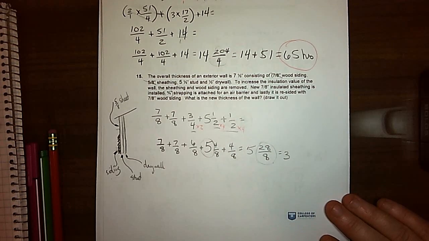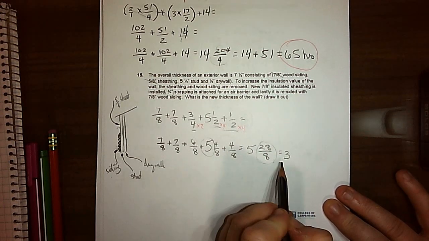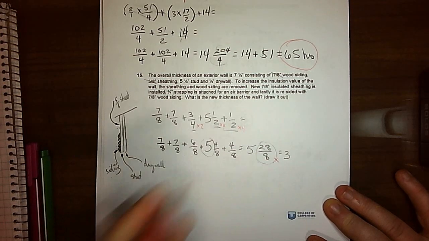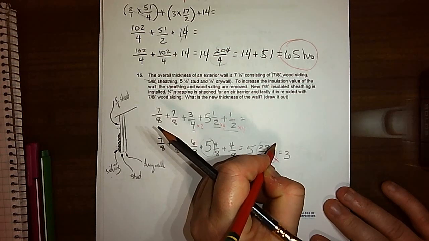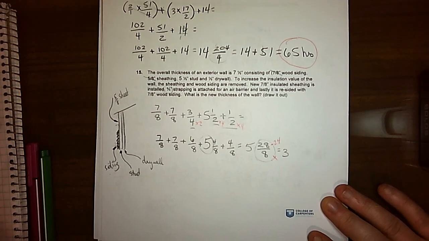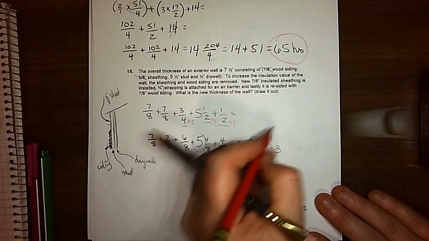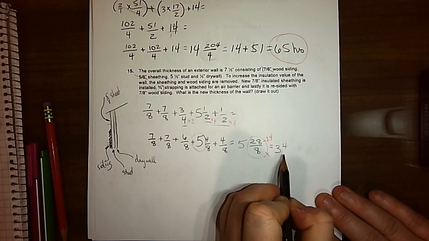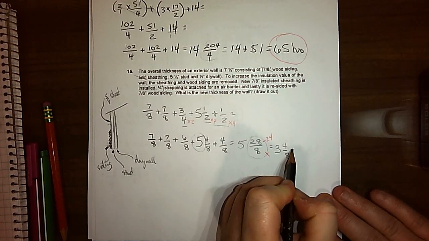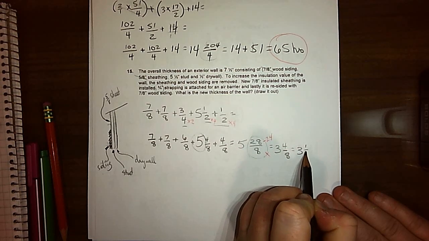Yes, it's going to eventually be 8.5. You got it. But to play this out, 8 times 3 is 24. So 28 minus that 24, and we get 4/8, which comes down to 1/2. So 3 1/2.